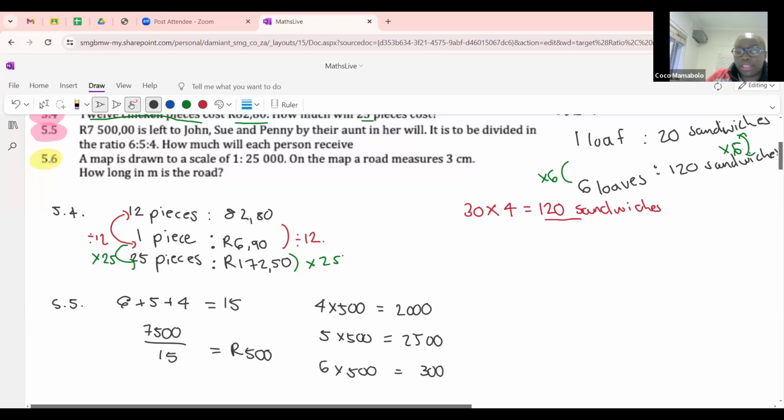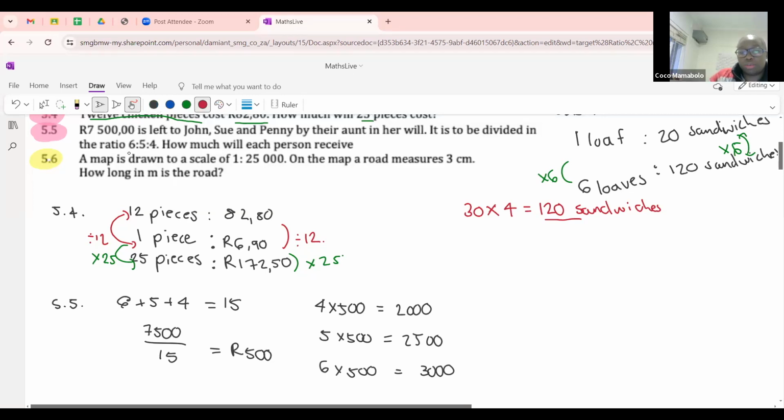Now what do we do with these numbers? We've shared it, but this isn't actually the final answer, because we need to take these numbers and write them in ratio form, the same way that they gave us 6 to 5 to 4.